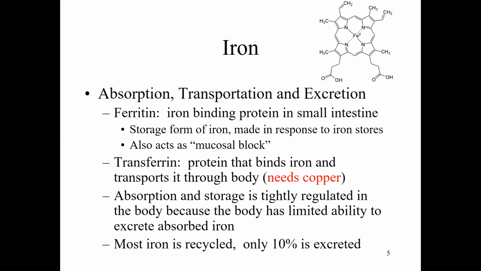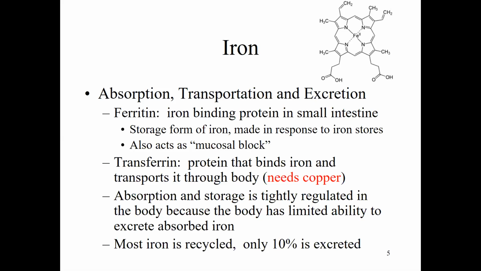Absorption and storage of iron is very tightly regulated in the body because the body has limited ability to excrete absorbed iron. As I said, women excrete it every month through their menstrual cycle, but most people don't bleed on a regular basis.